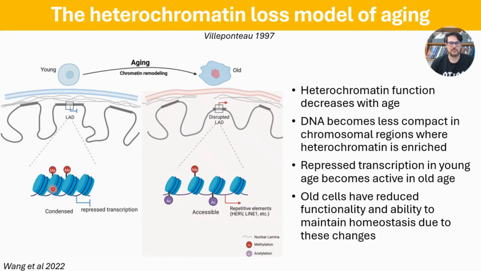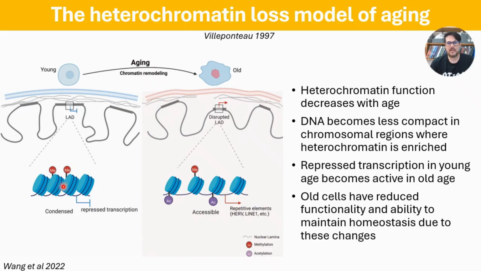It's typically associated with histone modifications like methylation on specific lysine residues like lysine 9, and typically not associated with acetylation. And the heterochromatin loss model of aging suggests that in young age, cells have these heterochromatin enriched chromatin regions, which repress transcription and the appropriate histone modifications.